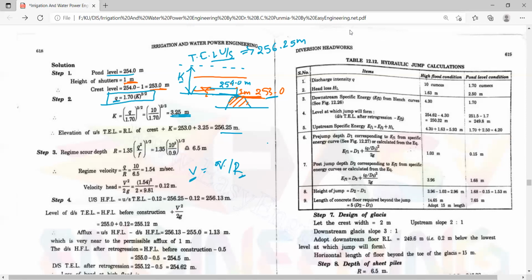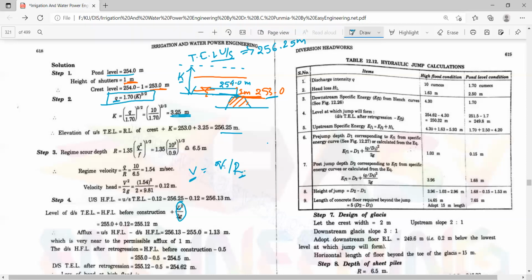We need v square by 2g for calculating the total energy line on the downstream side. So since I need the v square by 2g term, first I need to calculate the v term. For the v term, v is equal to Q by R, discharge per unit length divided by residual depth.